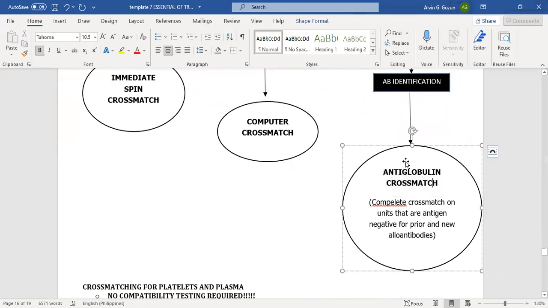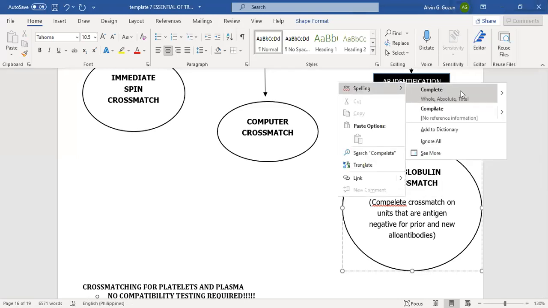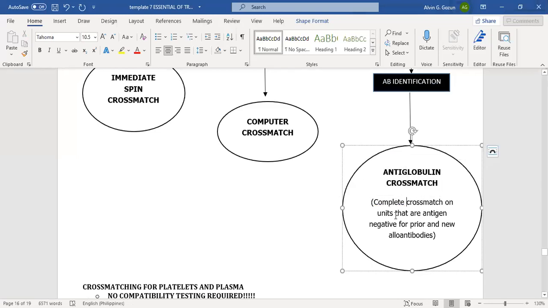Immediate spin phase. Sunod si 37 degrees Celsius phase. And sunod si last antiglobulin phase. That's your antiglobulin cross-match. Complete cross-match on units that are antigen negative for prior and new allo antibodies. Okay?